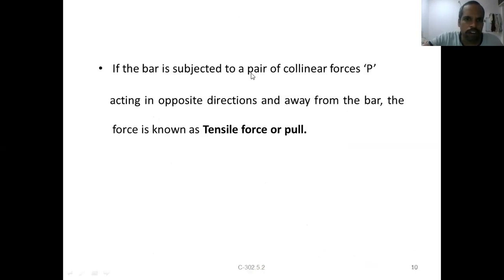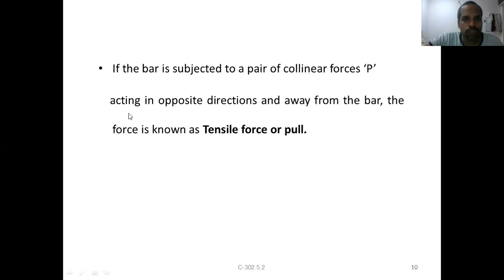If the bar is subjected to a pair of collinear forces, recall that we discussed the classification of forces in the first unit, that is force system. There we discussed collinear forces, meaning all are acting along the same line.